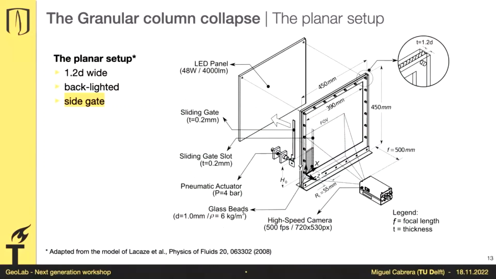But because these two walls are separated by 1.2 times the diameter of the spheres, and the spheres we bought are meant to be very precise, so the diameter has less standard deviation than this 1.2, one particle will only be in contact with one wall, not with both of them.